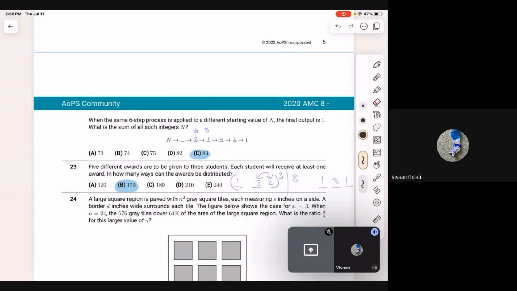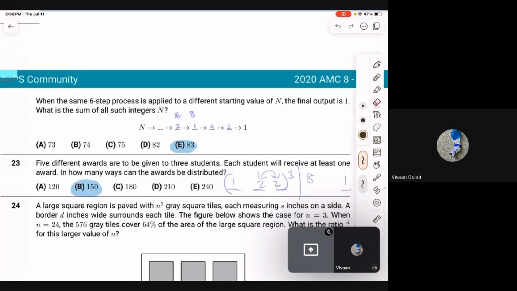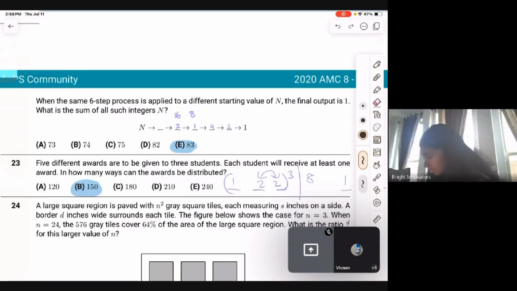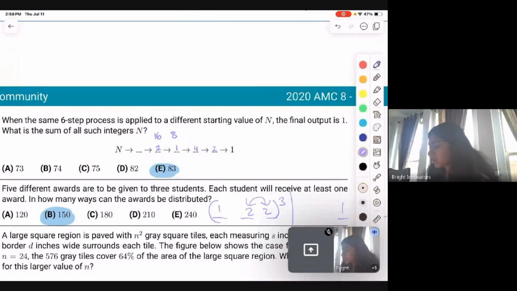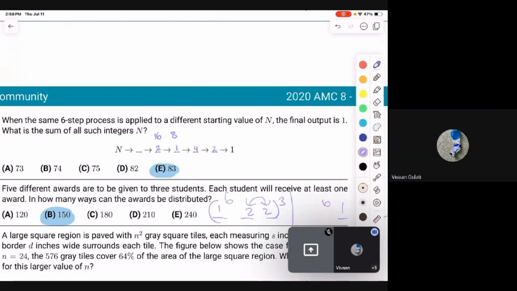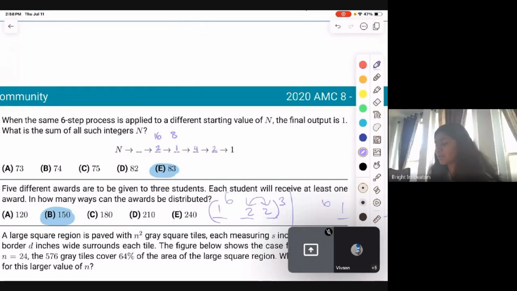So I think it's 6 on each one. Wait. Okay, so assuming that it's 6 on each one. Oh, I know how to do it now. Okay.